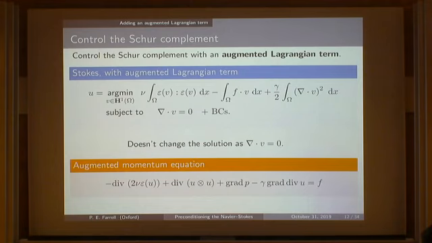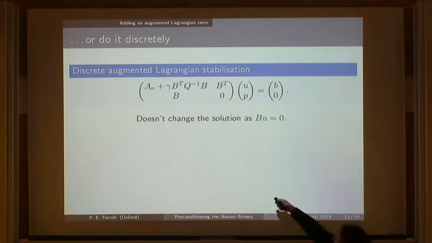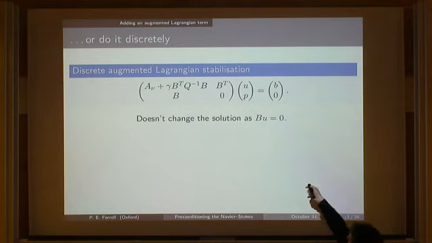We can also see this on the discrete level if we choose to. Let's look at the linear system that we have to solve, with A, B transpose, B. I can add on this term here, gamma B transpose Q inverse B. That doesn't change the solution of this linear system at all, because the second equation says that B times u equals 0, and as soon as this B hits that u, it'll be 0.